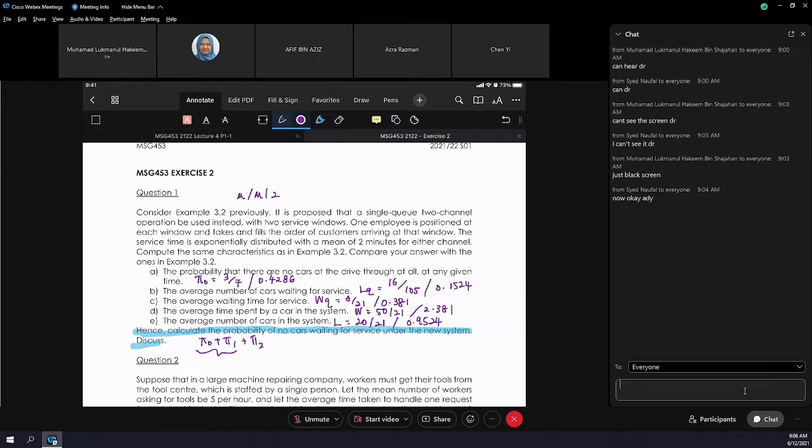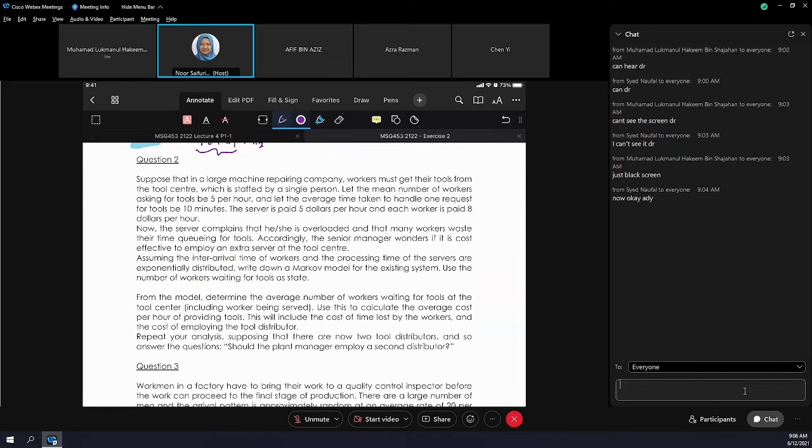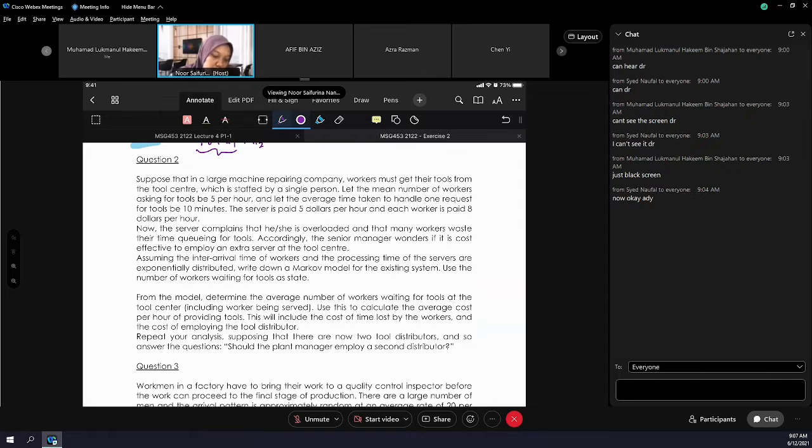Next, let us continue to question 2. You have a machine repairing company. Workers first must get their tools from the tools center, which is staffed by a single person. The mean number of workers asking for tools is 5 workers per hour and the average time taken to handle one request for tools is 10 minutes.